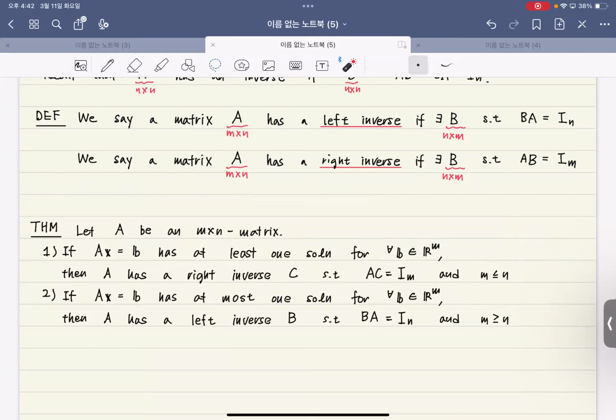This is the theorem, and it goes like this. The theorem consists of two statements. Consider a system of linear equations Ax equals b.